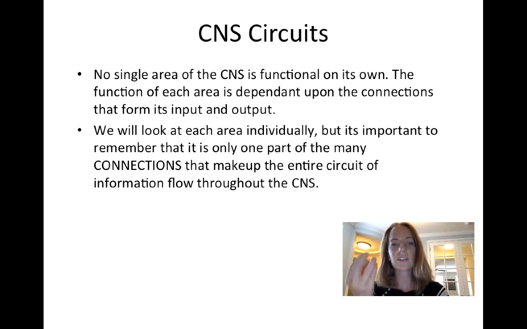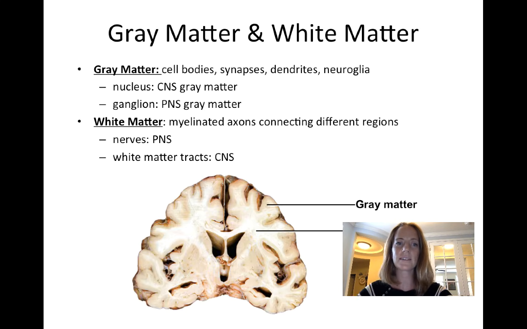So there are connections coming in that form its input, there are connections going out that form its output, and it's really as a whole that these areas are functioning. So even though we look at each area individually, I want you to remember that it is only one part of many of the connections that make up an entire circuit of information flow throughout the central nervous system.